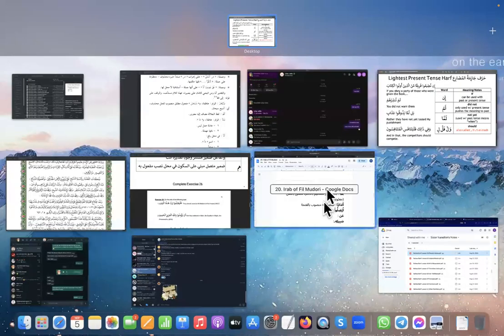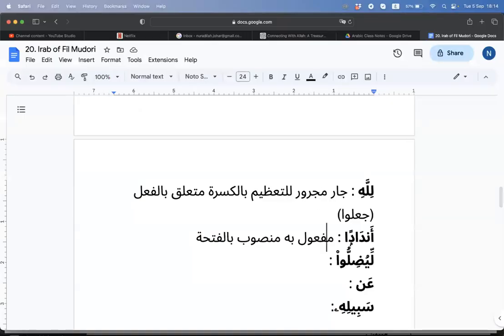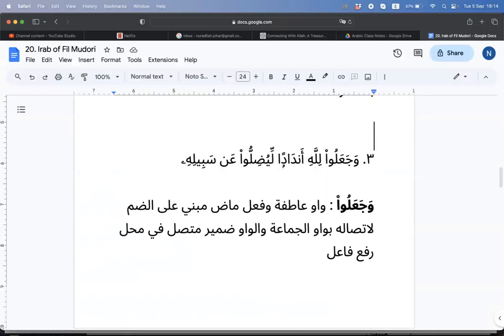So let's translate and see which one makes sense. Waja'alu. Ja'ala is to make. Who make? They made, past tense. They made for Allah.